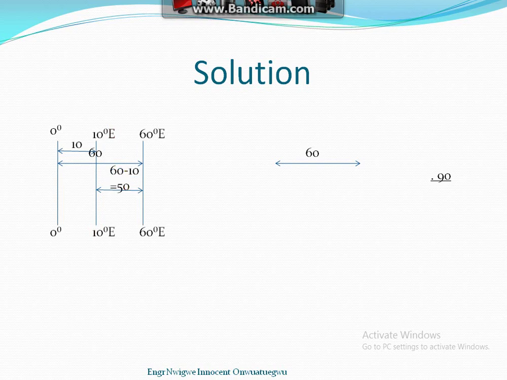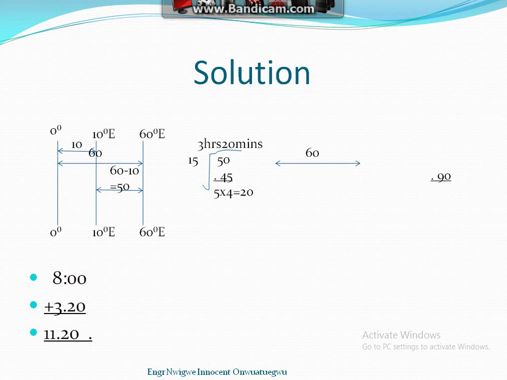Since the two are on the same east side, we subtract 10 from 60 to have 50. We divide 50 by 15, 3 times 15 is 45. 50 minus 45 will remain 5. So we use 5 times 4 minutes to give us 20 minutes. So we now have 3 hours 20 minutes. We subtract 3 hours 20 minutes from the original time in Lagos, 8 a.m., which is 4:40.